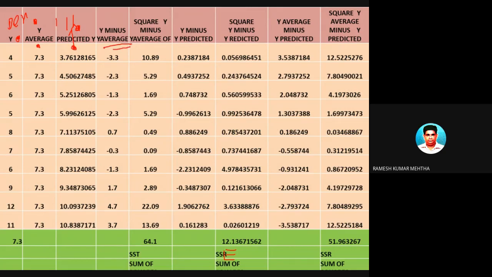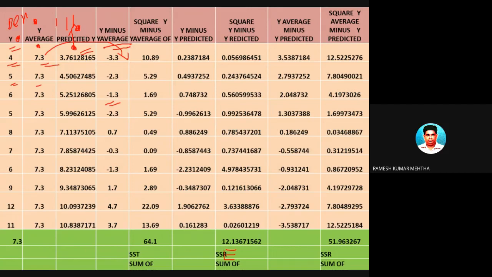Now let's talk about the fourth column, y minus y average. This is 4 minus 7.3, which is equal to minus 3.3. 5 minus 7.3 is equal to minus 2.3. 6 minus 7.3, and so on and so forth.